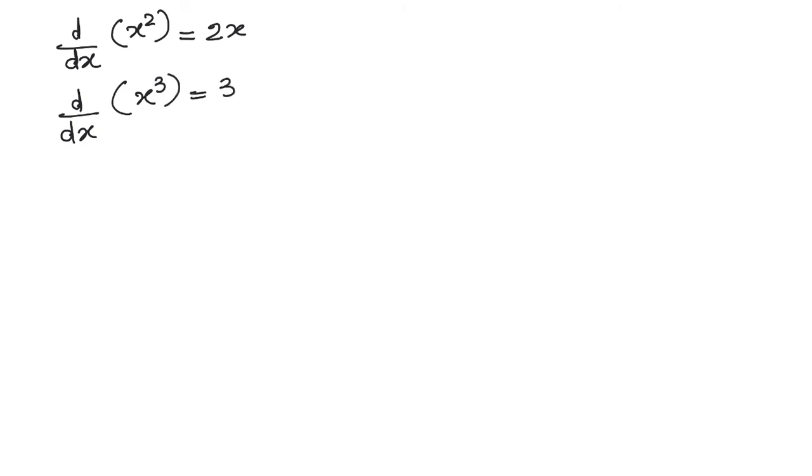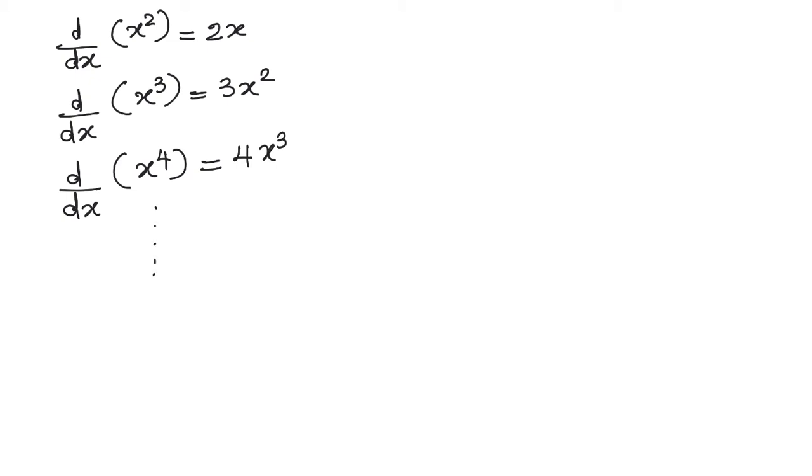By using the limit definition, we can find the derivative of x squared with respect to x equals 2x, and the derivative of x cubed as 3x squared. Derivative of x power 4 with respect to x is 4x cubed.